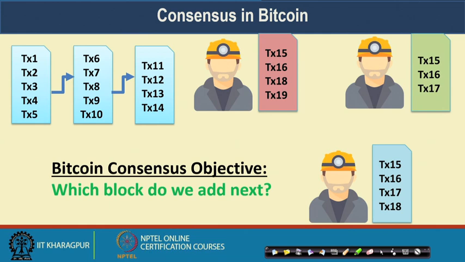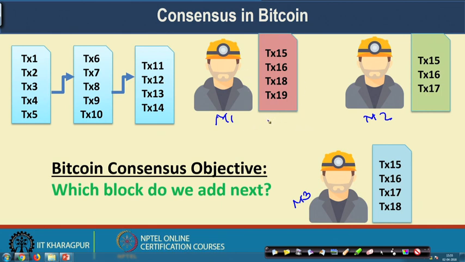Earlier we looked into the concept of miners who actually participate in the consensus algorithm. Now, here we have three miners, M1, M2 and M3. Everyone has one blockchain in hand. Everyone has constructed or observed these transactions from the clients. Now, they construct a new block of transactions.